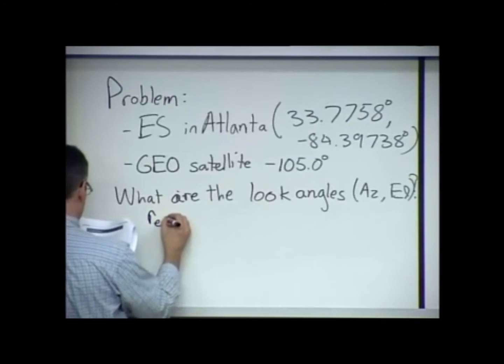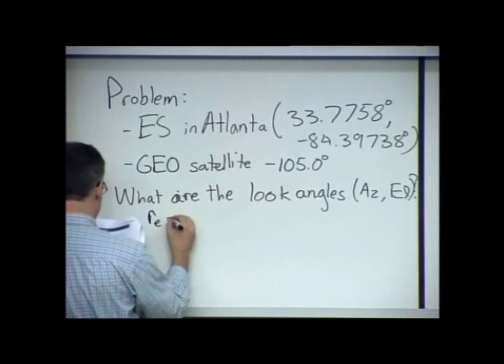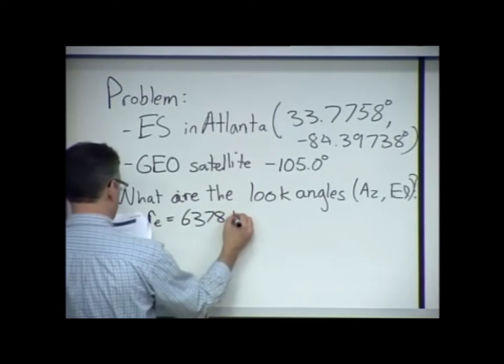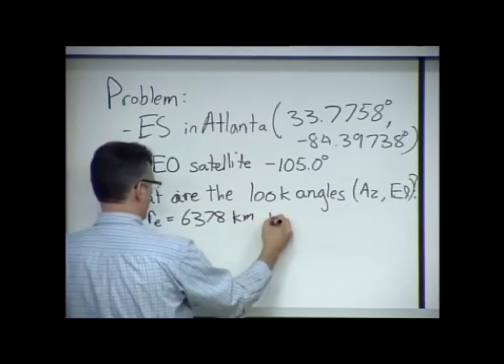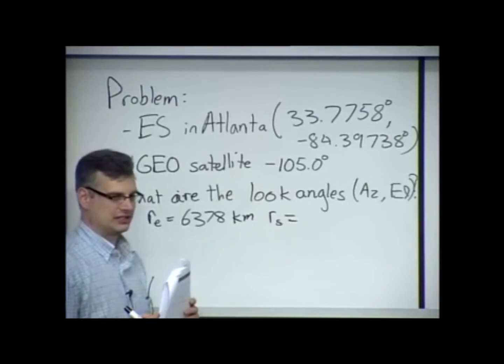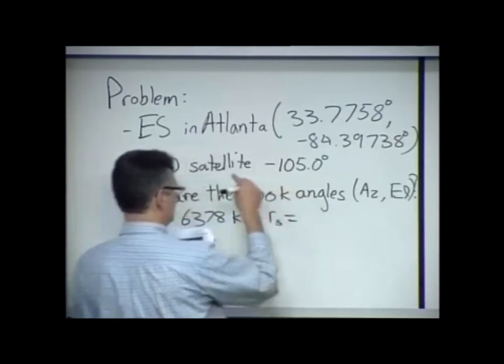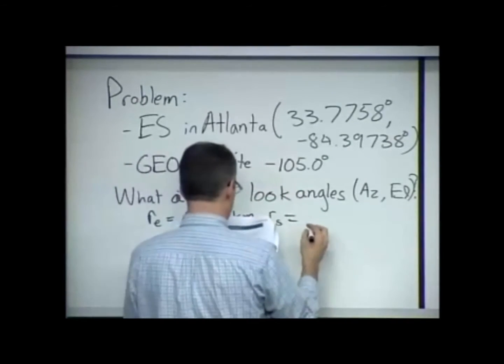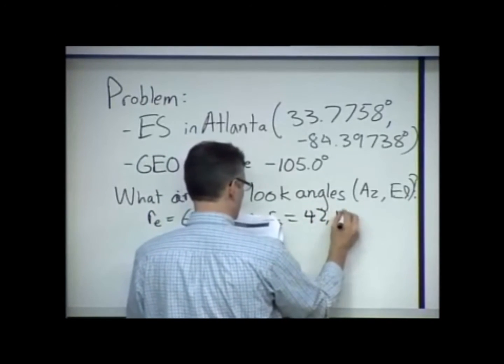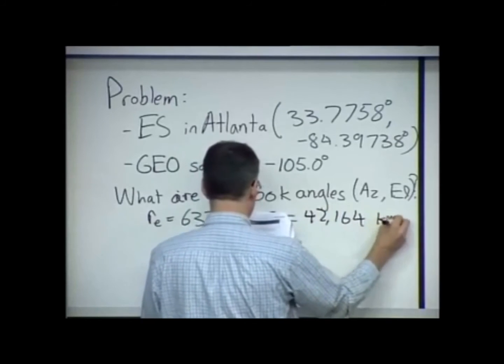We'll need these physical constants. RE, radius of the Earth, 6,378 kilometers. The RS is the value that we calculated earlier in class. We said this is a geostationary Earth orbit. We know that that's a circular orbit with a magic radius of 42,164 kilometers.